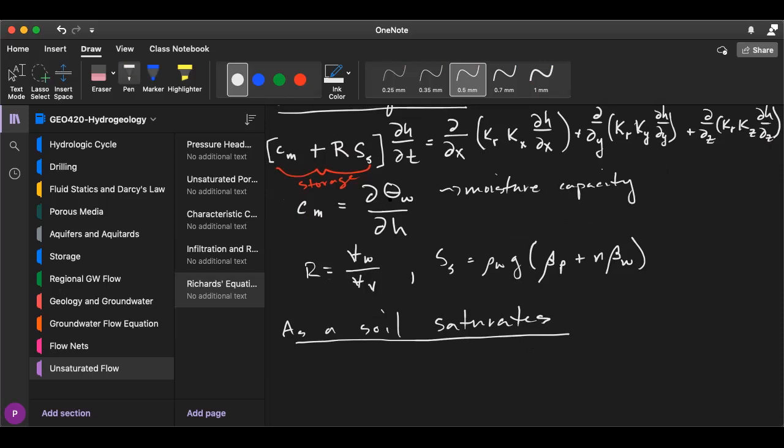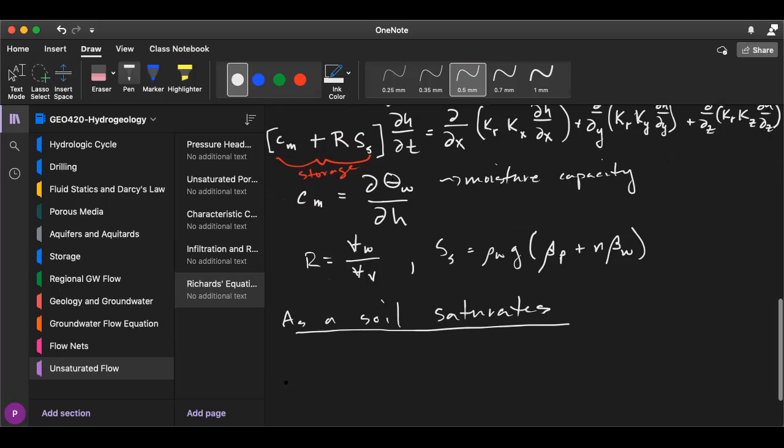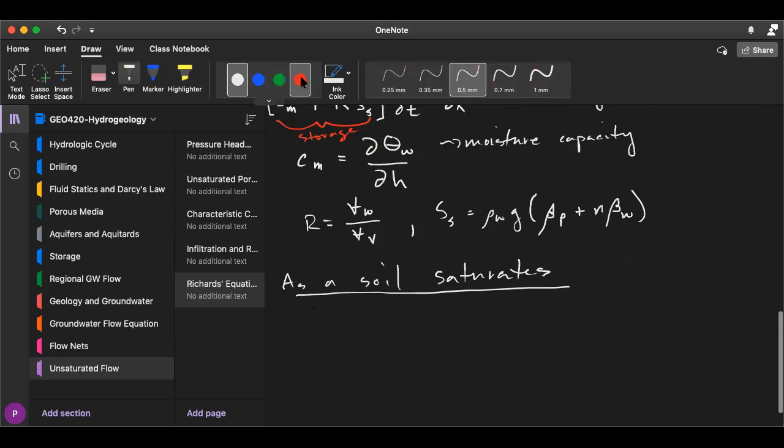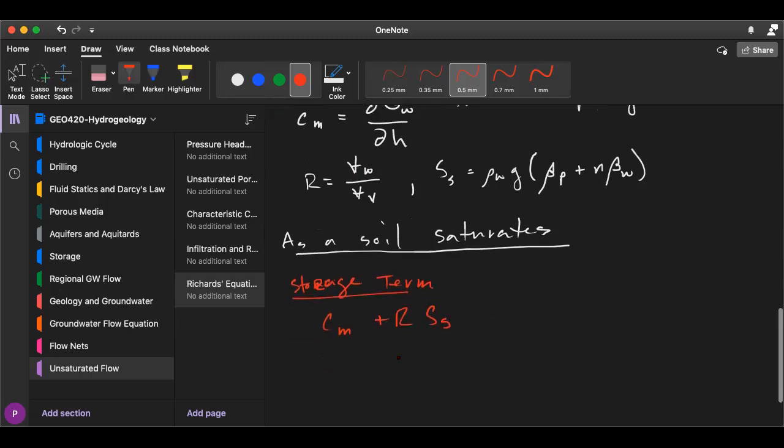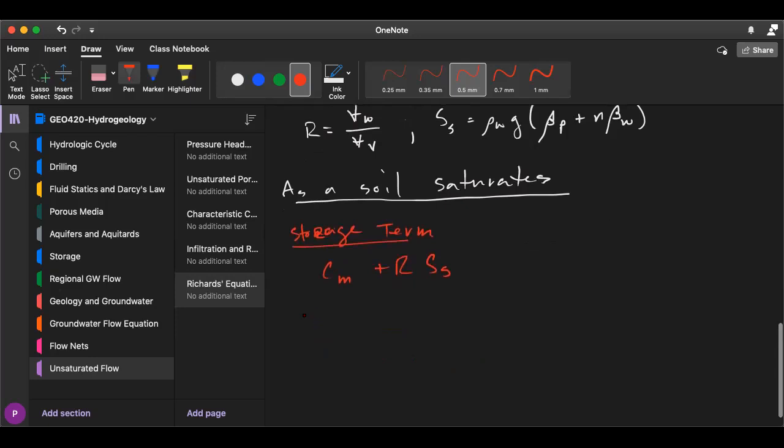As my soil saturates, first of all, let's just think about the storage term, which is C sub M plus R times S sub S. And recall that C sub M is equal to the change in volumetric water content per change in head.